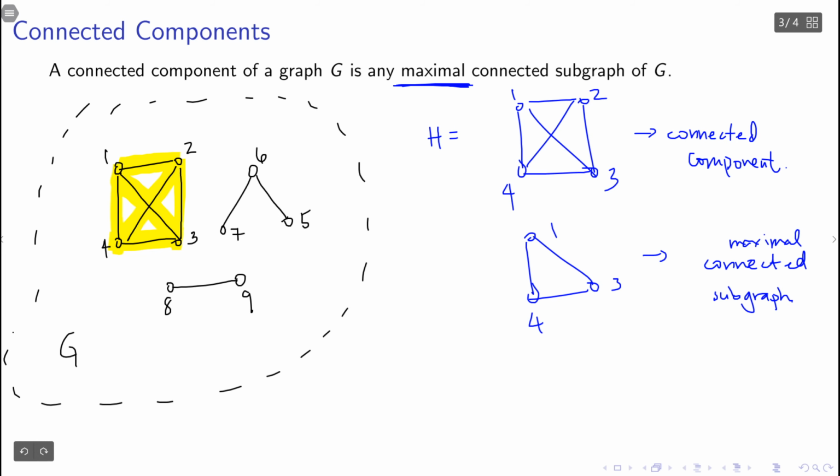And so for the graph G here, there are 3 connected components: 1, 2, and 3.